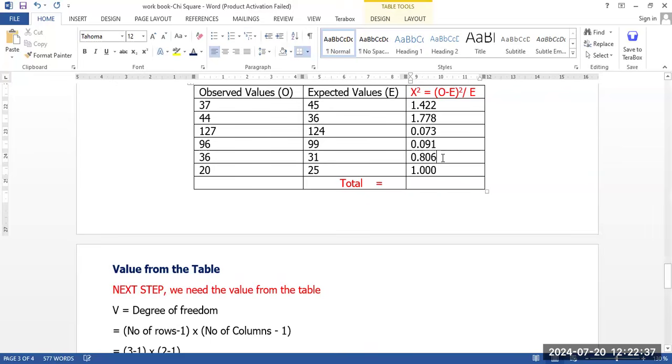Please get your calculator. Write open bracket 36 minus 31 close bracket. You click on where you have x squared. Then the answer you get, divide by this. It is like that. Then the total is 5.17.